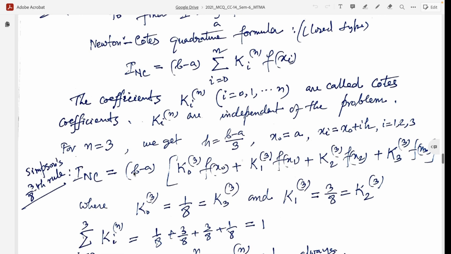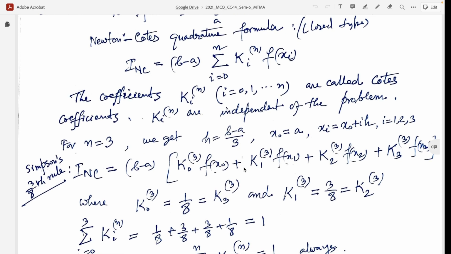For n equal to 3, we get h equal to b minus a by 3, and x0 equal to a, xi equal to x0 plus i h, for i equal to 1, 2, 3.